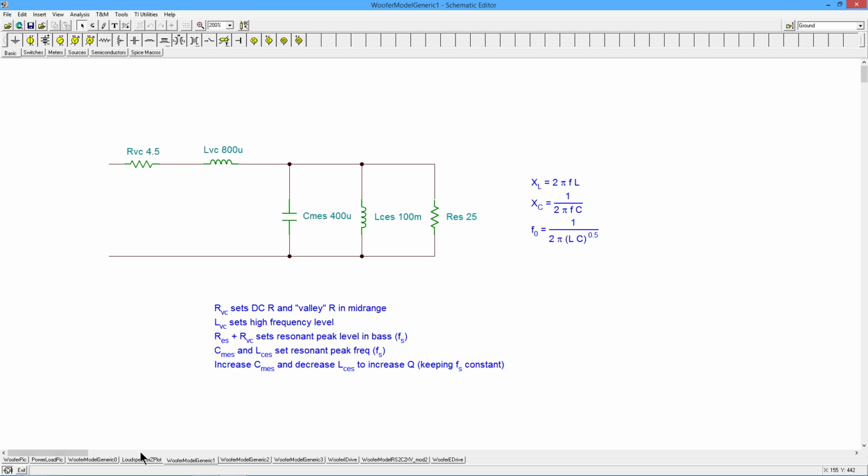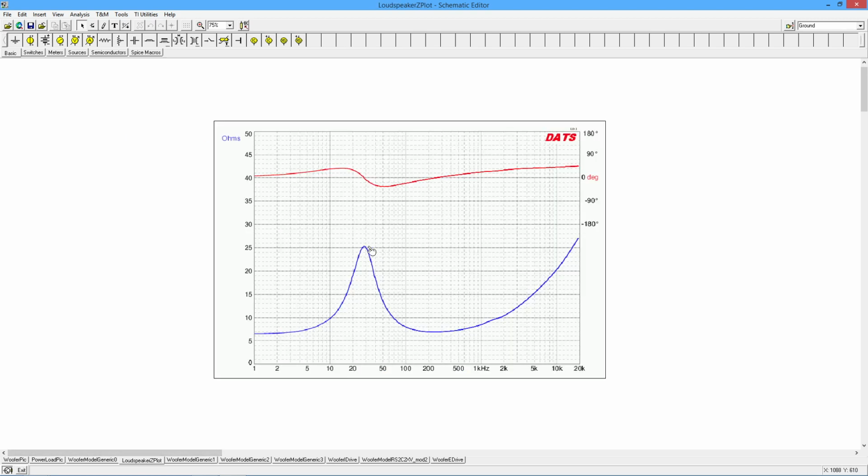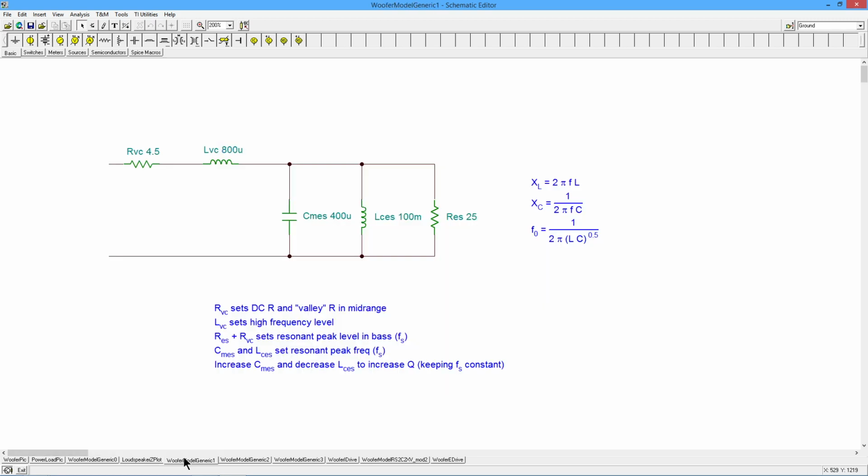In other words, getting back to our model, this peak, which I can see is like 25.5 ohms or something like that, that's the sum of the voice coil resistance and that other parallel resistance. So what you would do is, since you would start knowing this value, simply subtract this, and that gives you the parallel resistance value, right? So here we go. I got 4.5 and 25. So that's 29.5. That's what the peak of that resonant would be.